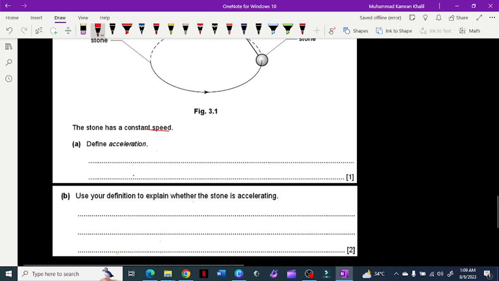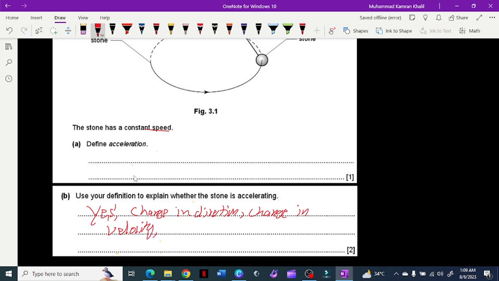Yes, definitely the stone is accelerating. Why? First of all, you will write down yes. And what is the reason? Change in direction. Because whenever the object moves in a circular path, or a zigzag path, there is change in direction which will change its velocity. So change in velocity means there is acceleration.